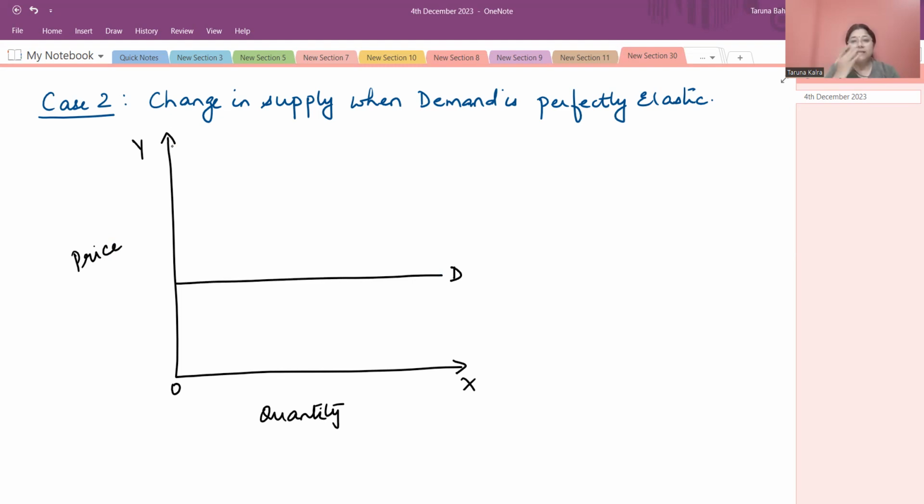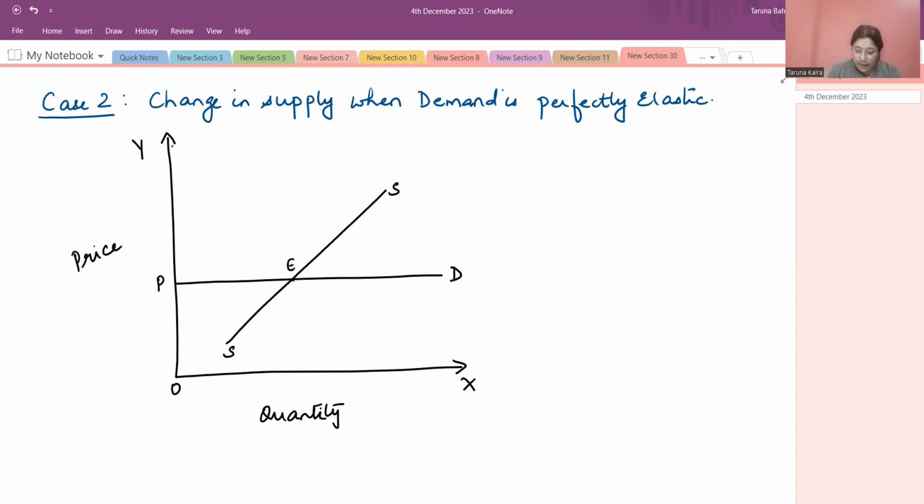See, perfectly elastic means drastic change. Elasticity means responsiveness. So there will be negligible change in price or maybe no change, but demand is going to change exponentially. Fine. Now supply, we know that the original supply curve is denoted by SS and E is the point of equilibrium.